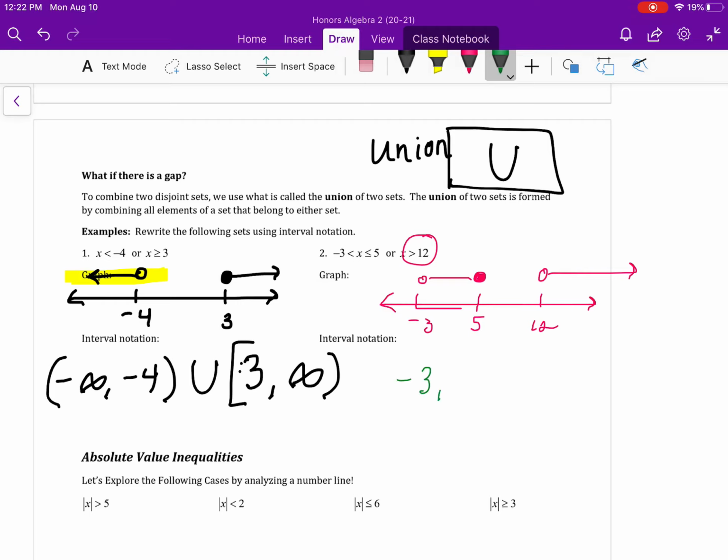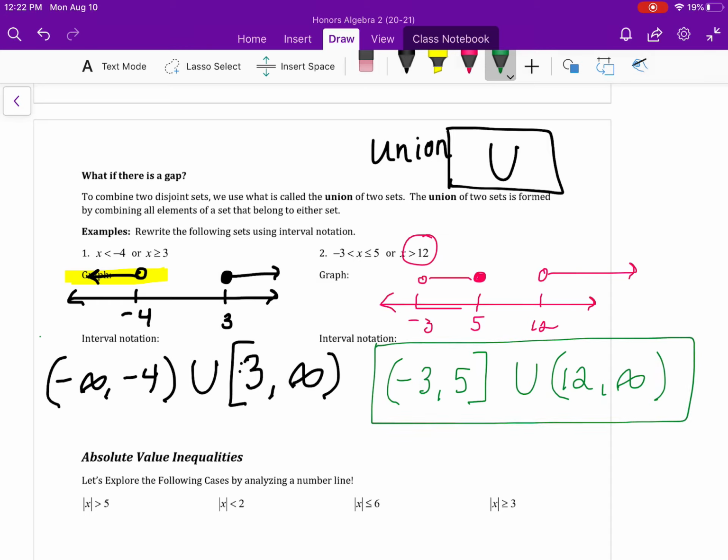Interval notation: start with the left. -3 to 5, open, closed. Then 12 all the way to infinity, open, open, because infinities are always open. And just stick a union in the middle. So you can see that this is a very simple representation of the graph. It's basically saying left and right endpoints. That's it. So that's all we have for inequalities.